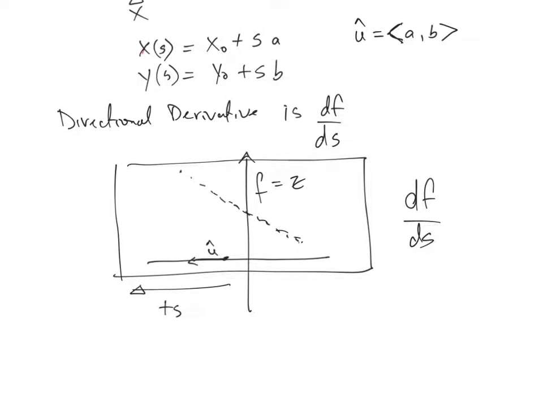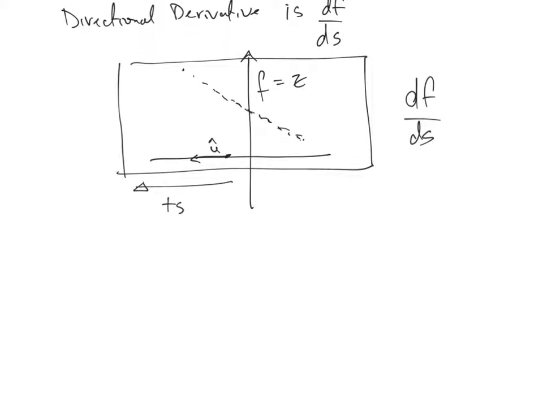Okay. Well, how do we actually calculate it? Or let's first write down the notation. We don't just write df by ds. We make it clear that it's a directional derivative by writing df by ds in the direction of u hat, because I can calculate df by ds in any direction.